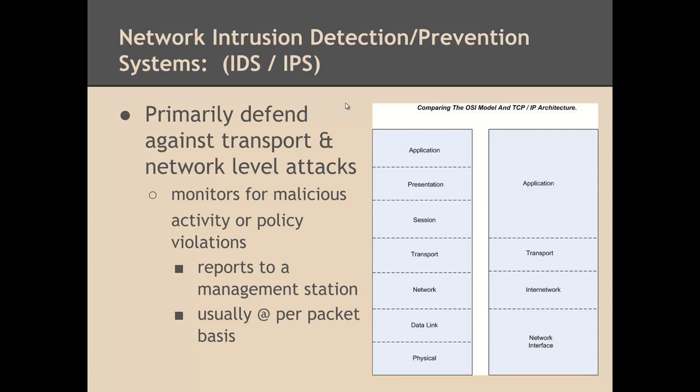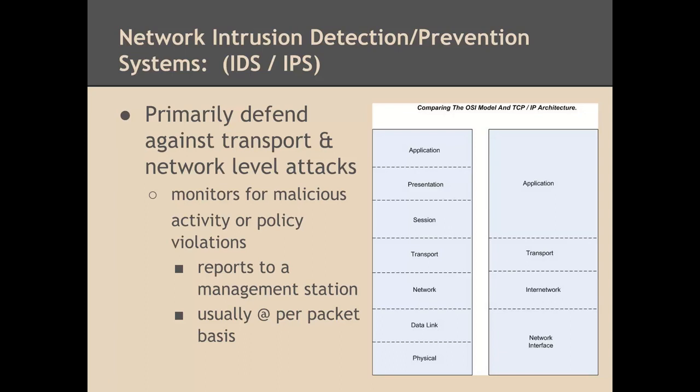There are tons of applications out there ranging from web servers to LDAP services to databases, etc., etc., etc. The goal of the network and transport layer is to monitor for malicious activity and potential policy violations.